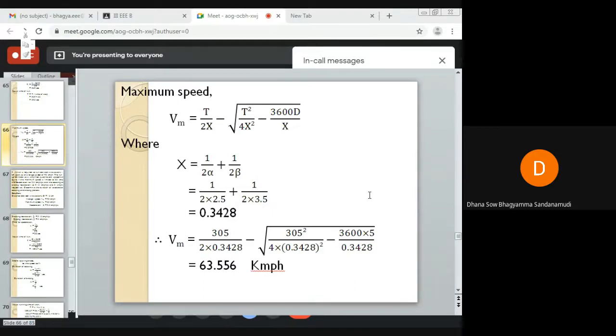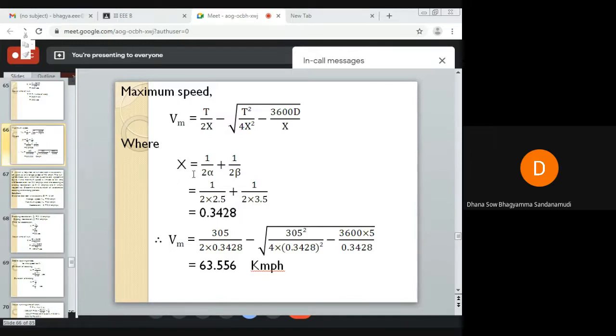You know the acceleration and retardation values that have been given here in the problem. Acceleration value is 2.5 and beta retardation is 3.5. So just substitute here in this formula. 1 by 2 into 2.5 plus 1 by 2 into 3.5, you will get the x value, that is 0.3428.